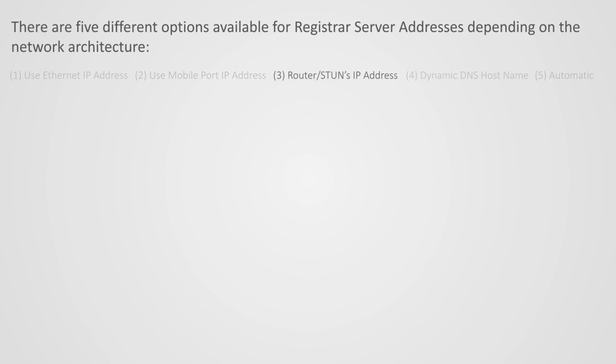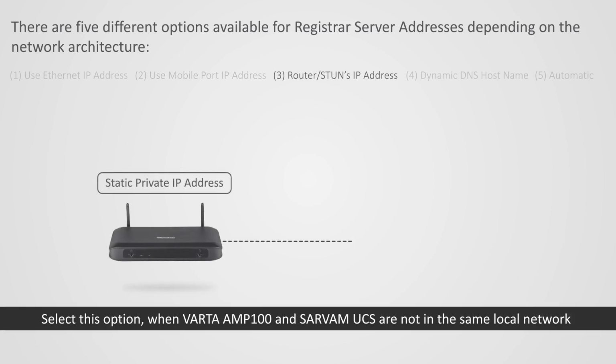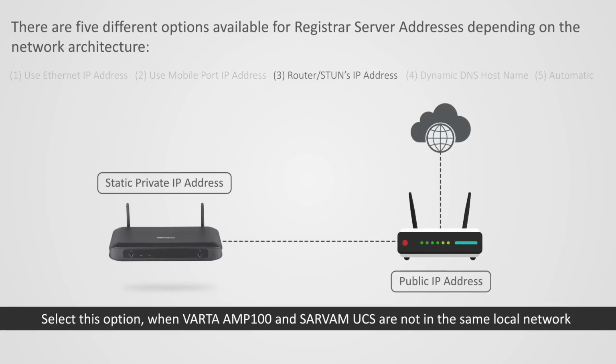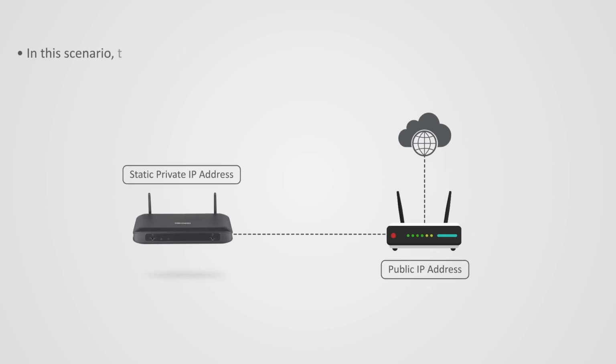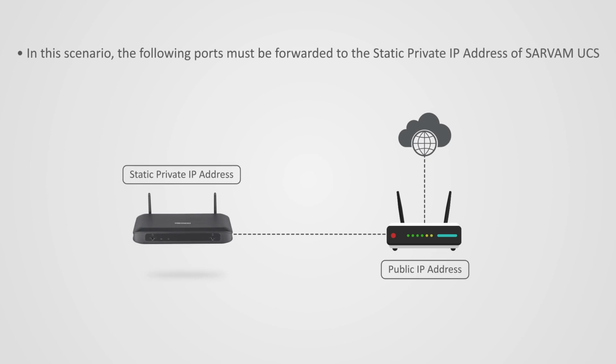3. Router or STUNS IP address. Select this option when VARTA AMP100 and SARVAM UCS are not in the same local network, and SARVAM UCS is connected behind a router or firewall. Note: in this scenario, the following ports must be forwarded to the static private IP address of SARVAM UCS.